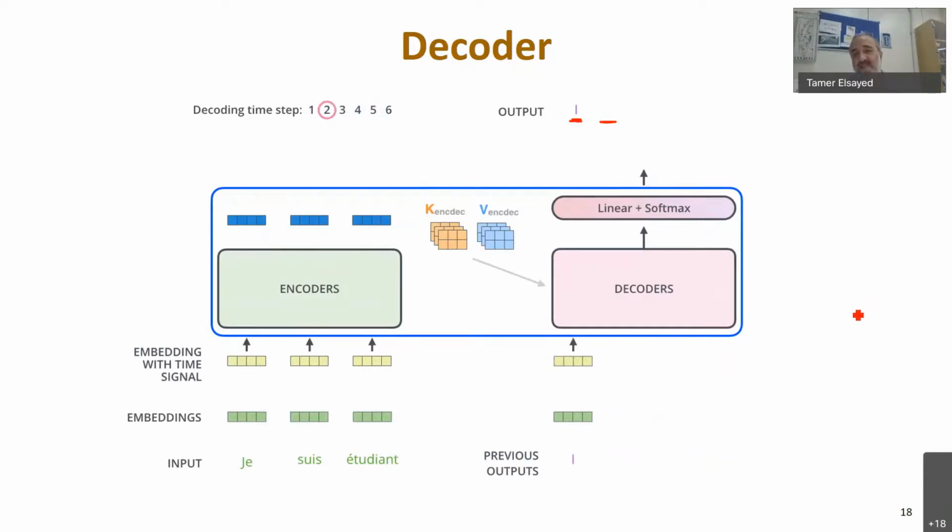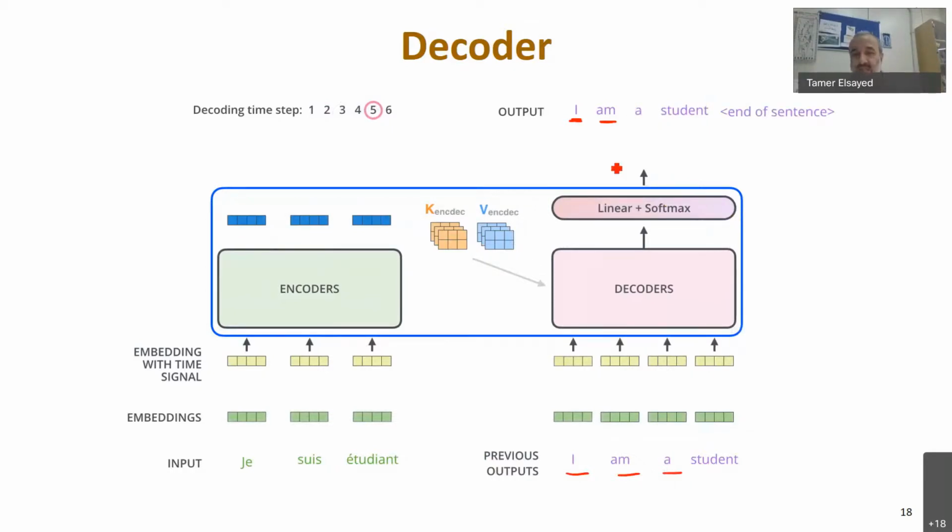So it starts now. You will see that the decoder stack gets one new input and produces an output. This input is the previous words that were already provided as an output.